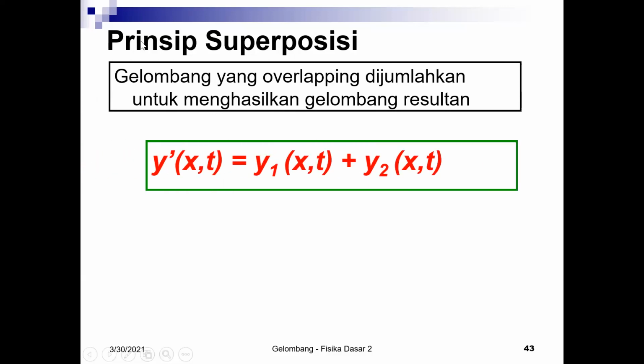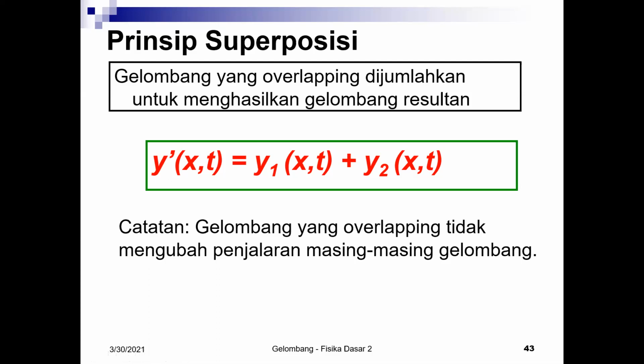We have y1 and y2, both of them solutions of the wave equation, and the summation of them results in the resultant wave here. These overlapping waves don't change the direction of propagation of each wave.